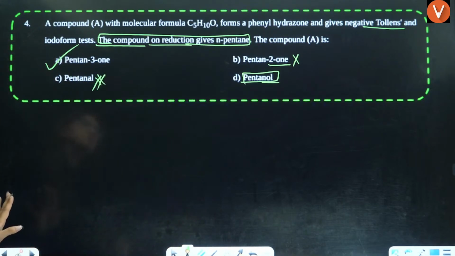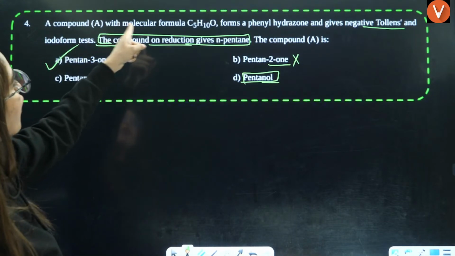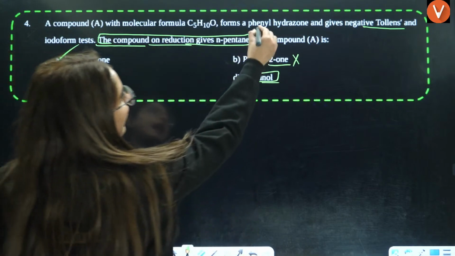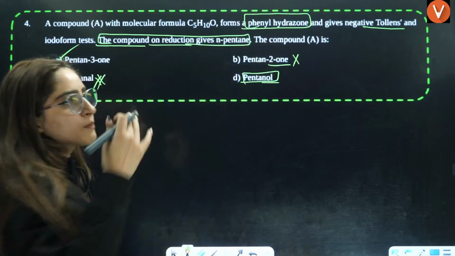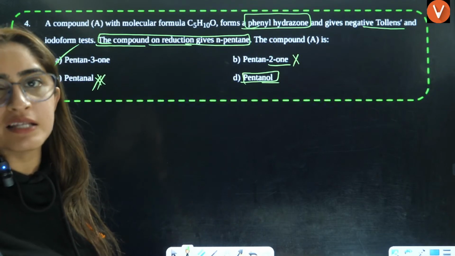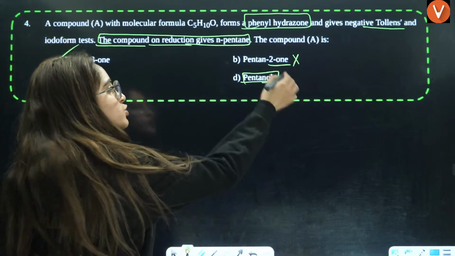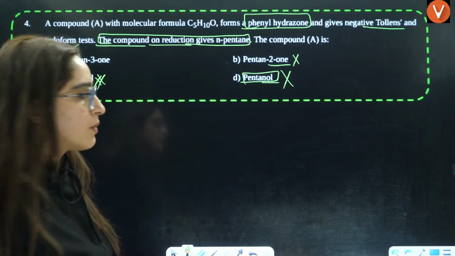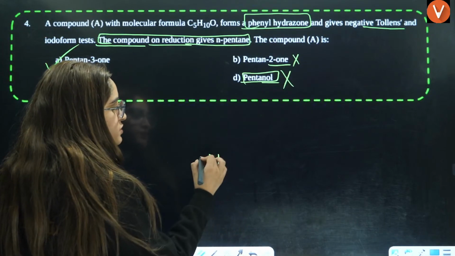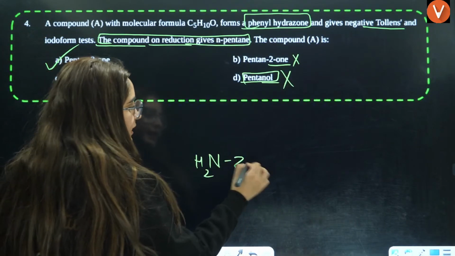Okay, let's go. And one more hint was there: the compound with molecular formula forms a phenyl hydrazone. Whenever something forms a hydrazone, that means it has a carbonyl group, so this is also ruled out by that. It shows this kind of structure, NH2, NHZ.